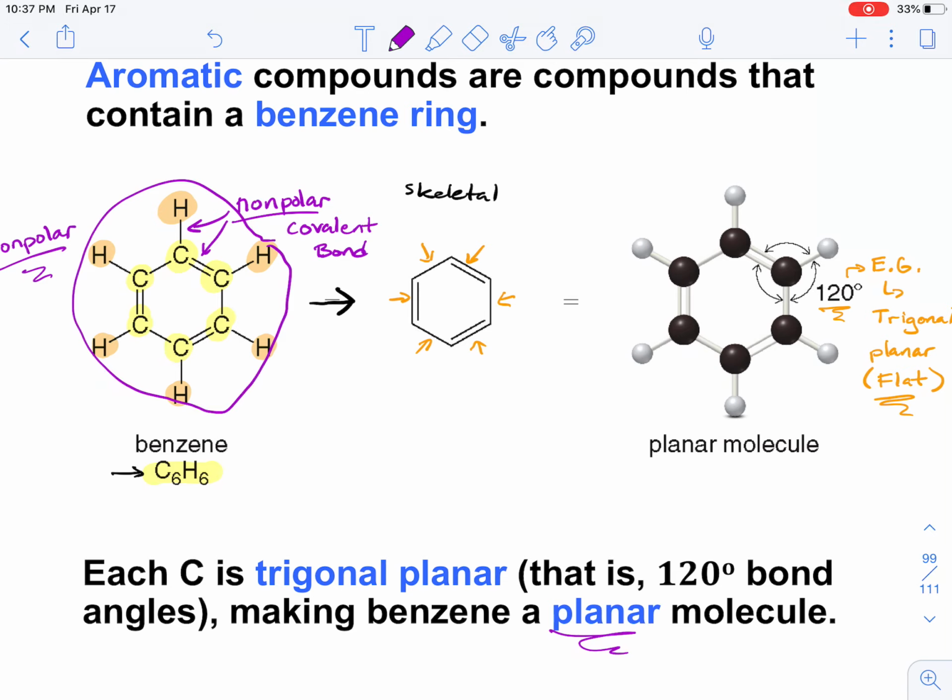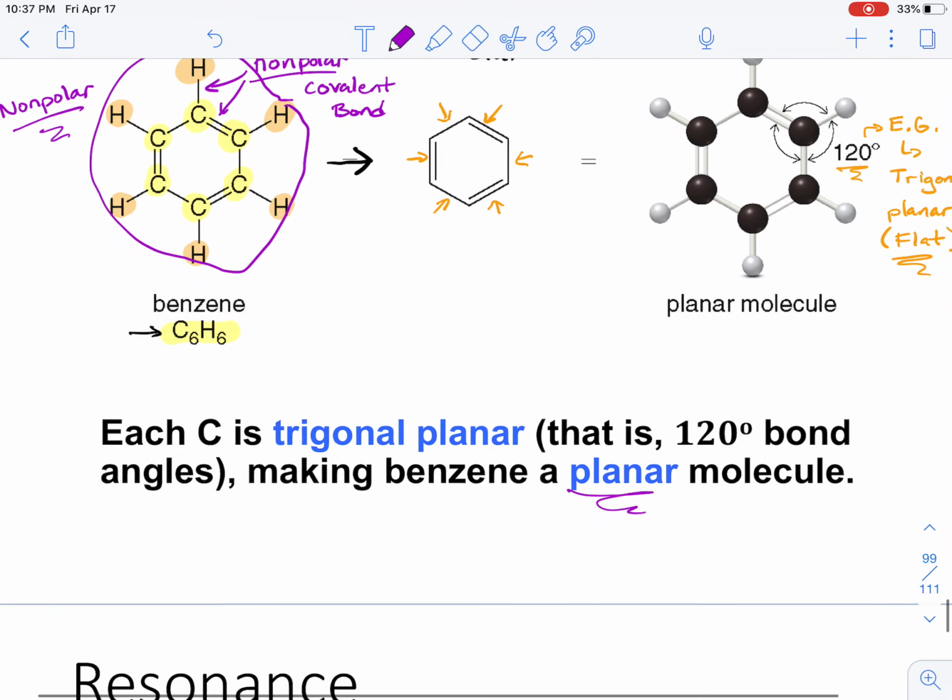One, so that we can depict it correctly on paper. And number two, it gives specific properties of that drug or molecule in a biological or biochemical aspect.